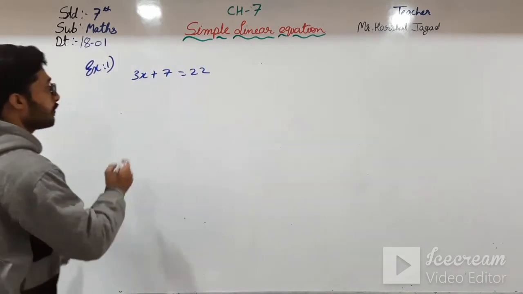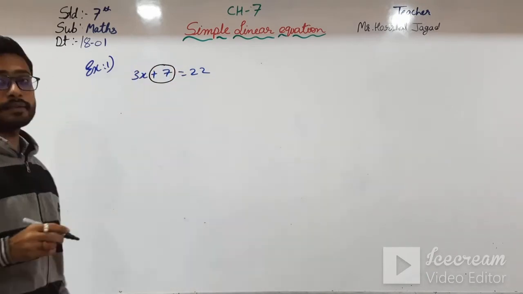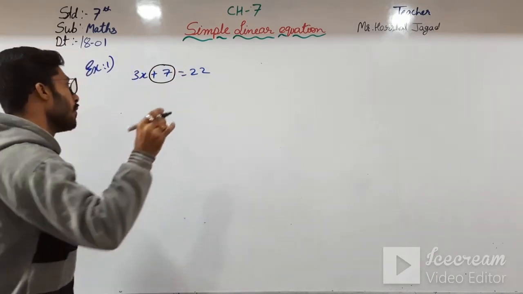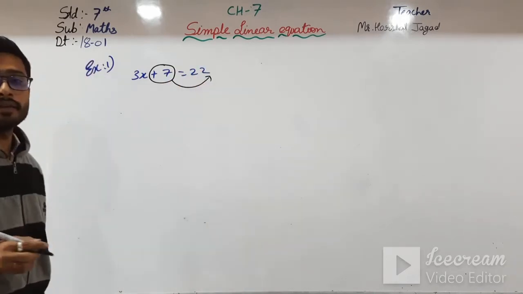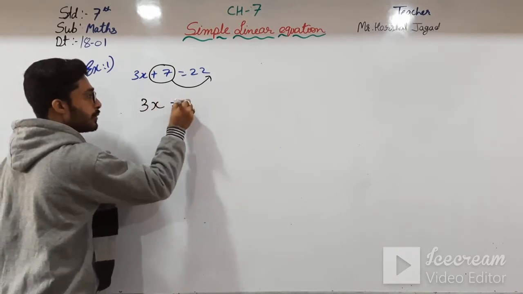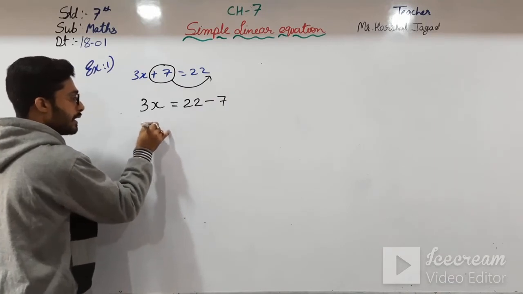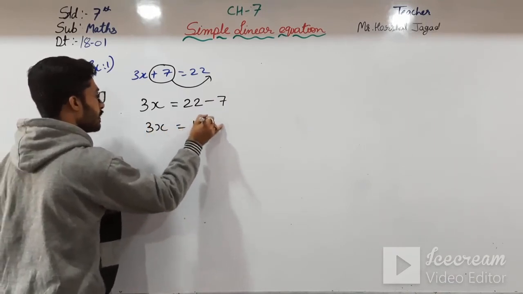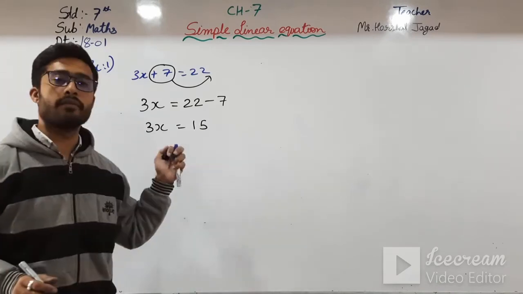So first of all, here it is addition. When it moves towards this side, it will be subtraction. So 3x is equal to 22 minus 7. Then 3x you will get is 15.